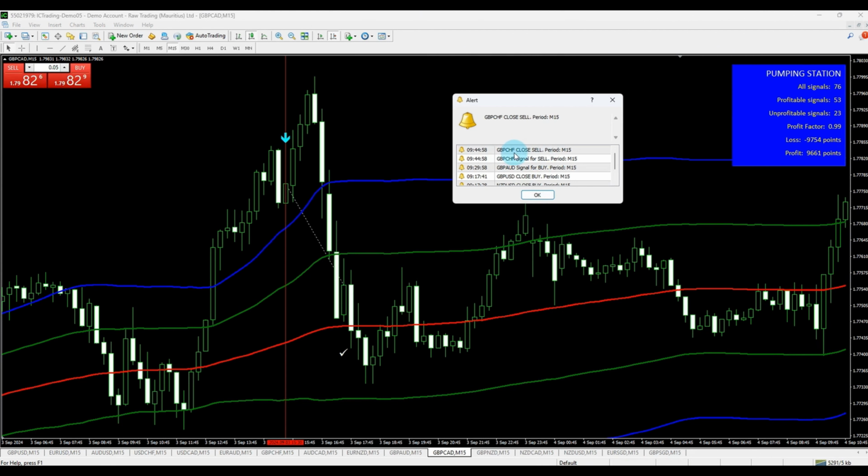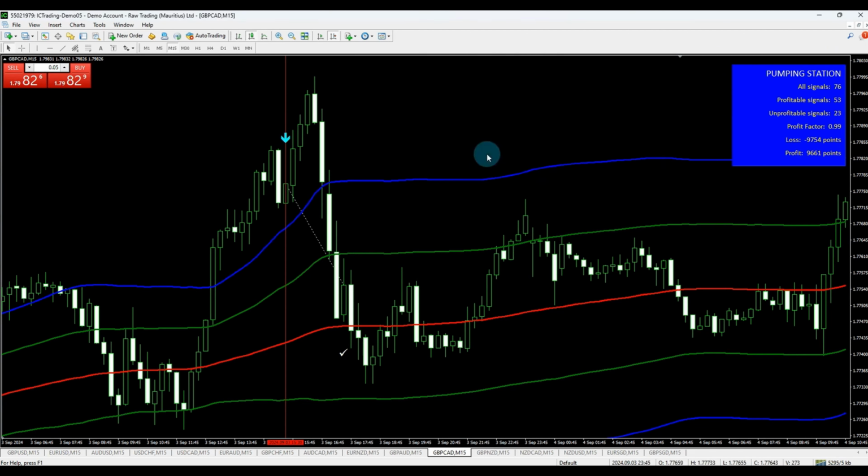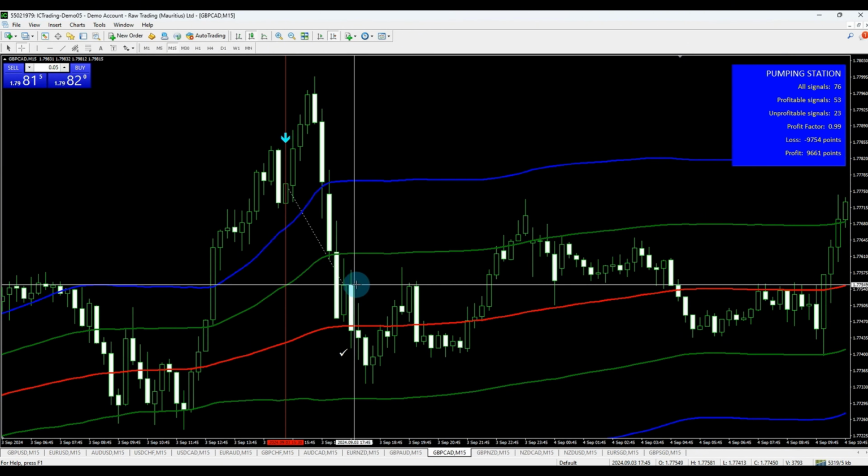Do you see how the system works? As you can see, the indicator gives signals for opening and provides signals for closing, but we will return to the closing shortly. In this case, it reached the oversold level at this level, and we were about 10 points short and hadn't made a profit yet. But we had just already closed the trade.